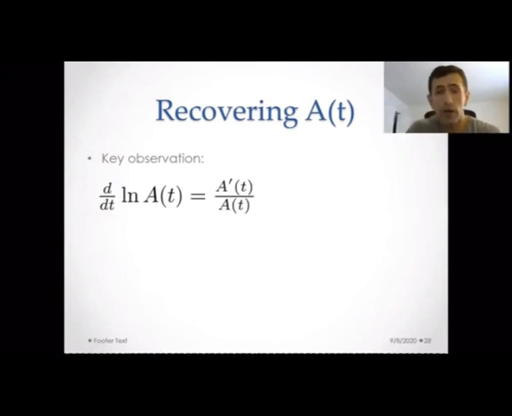It's 1 over A of t. That's the A of t in the bottom. Times the derivative of the inside. The inside, again, like I said, sorry, is A. So it's times A prime of t. So it's really 1 over A of t times A prime of t, which is A prime over A. And that is the force of interest. That is our instantaneous relative rate of change at time t.